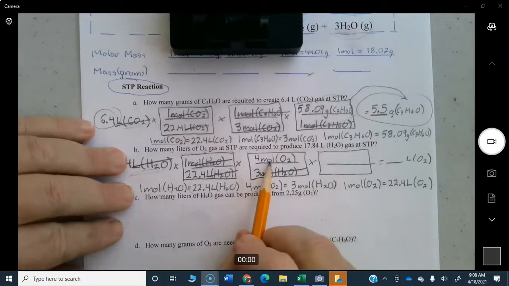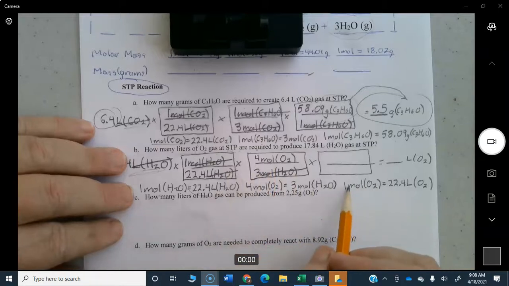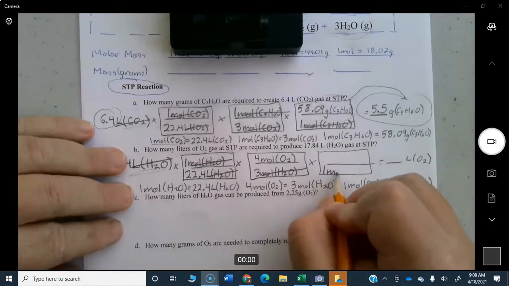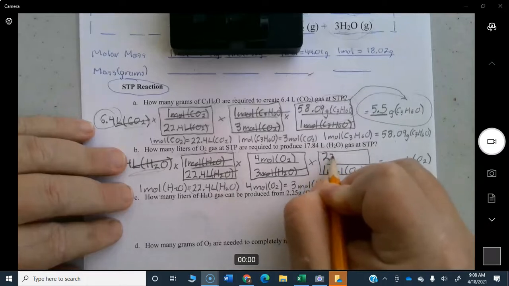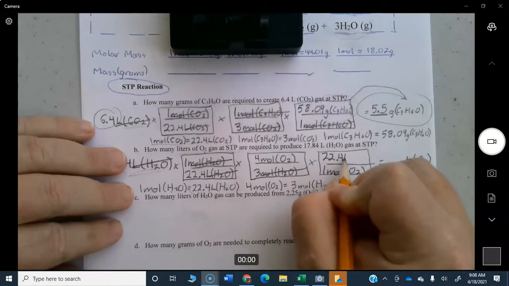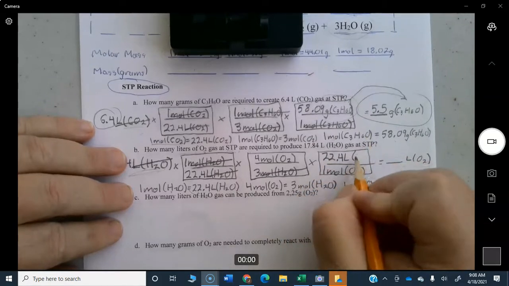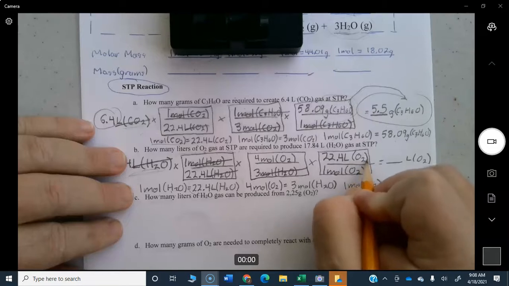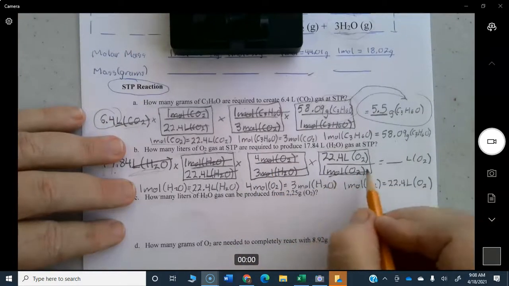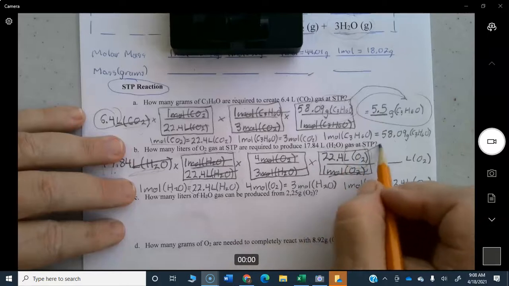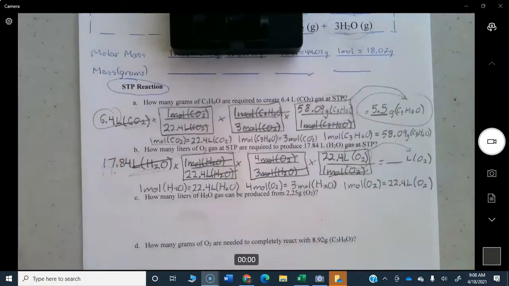It's got to be the same one that's here, moles of O2. So it's 1 mole of O2. Okay, and moles of O2 cancels with moles of O2. Last man standing is liters of O2, so that's it.